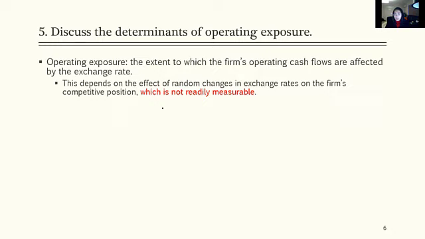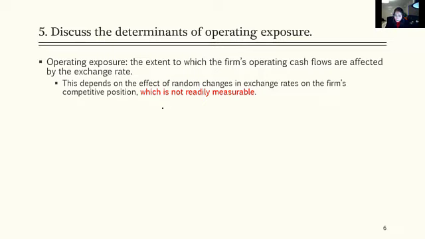And it depends on the effect of random changes in exchange rates on the firm's competitive position, which is not readily measurable. With operating exposure, it's a bit more complex to measure because you don't observe the effect that exchange rate movements have on your firm's cash flows.